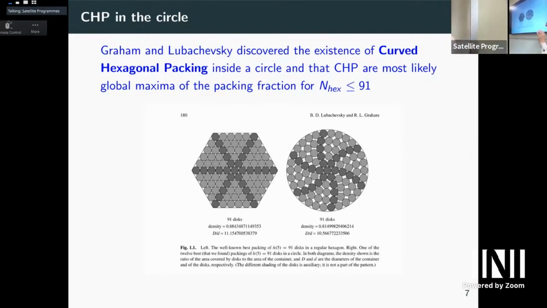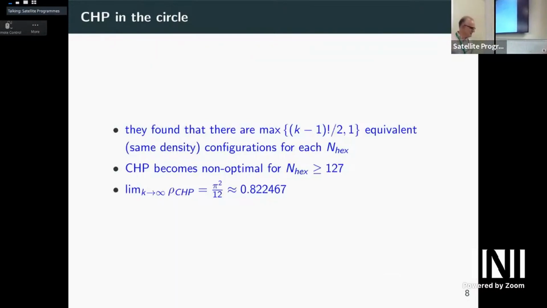They are slightly smaller, and you can see that from the density here and the density here. And there are plenty of those. They also gave a formula. I think I put it in the slide. Yes, they estimated that there are k minus the maximum between (k minus 1) over 2 factorial and 1 equivalent configurations in the circle, which means configurations with the same density.